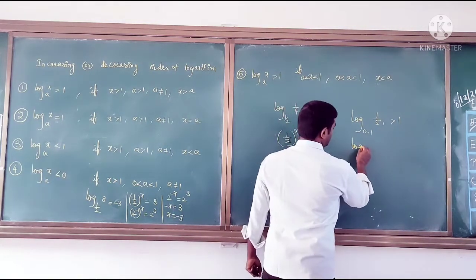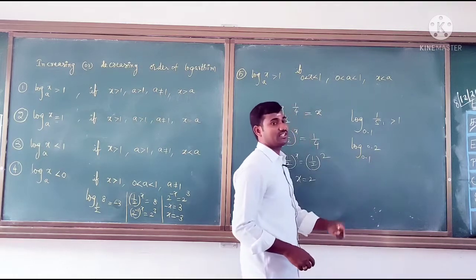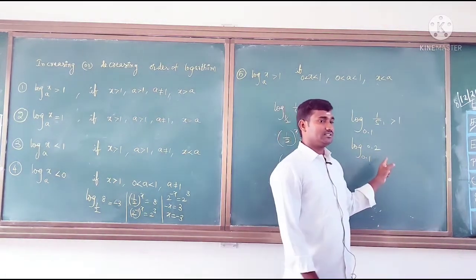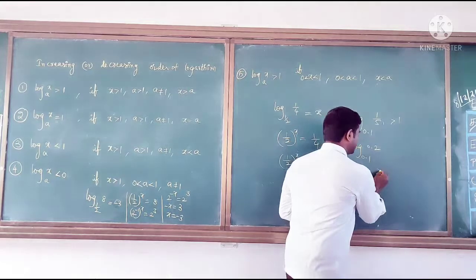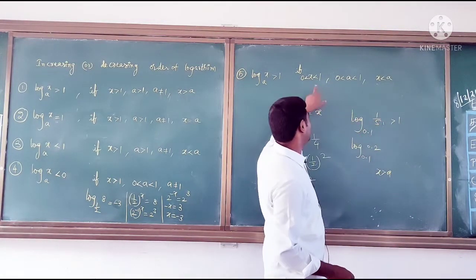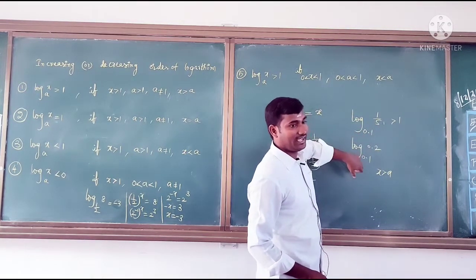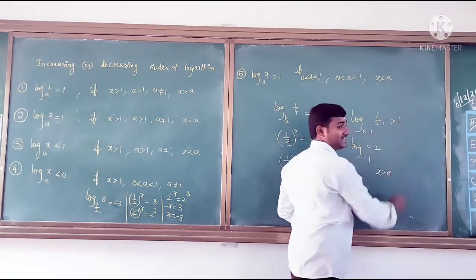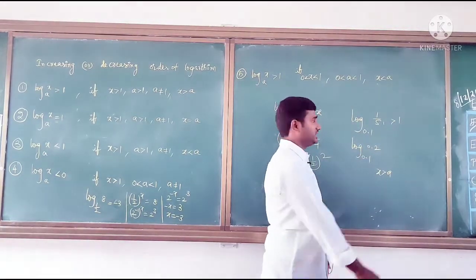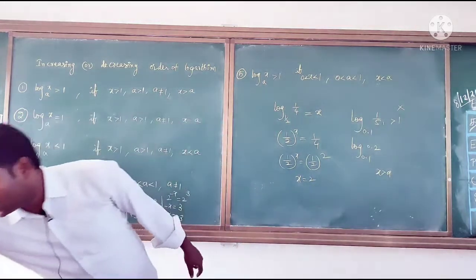So log 0.2 to the base 0.1. 0.2 is greater or 0.1 is greater? 0.2. So x is greater than a. These two numbers lie between 0 and 1, but here x is greater than a, so it is not greater than 1. So this is a wrong statement. Check those conditions.